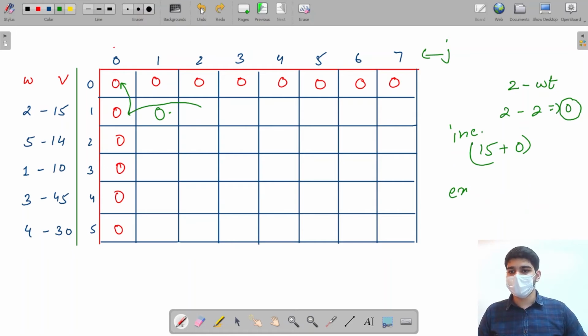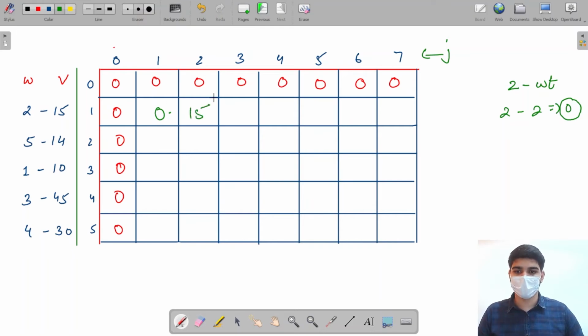So I would include myself, and if I include myself, I would get 15 over here. Again, when the current weight is 3, if I exclude myself, I would get 0. If I include myself, I would get 15 plus 0, which is 15.